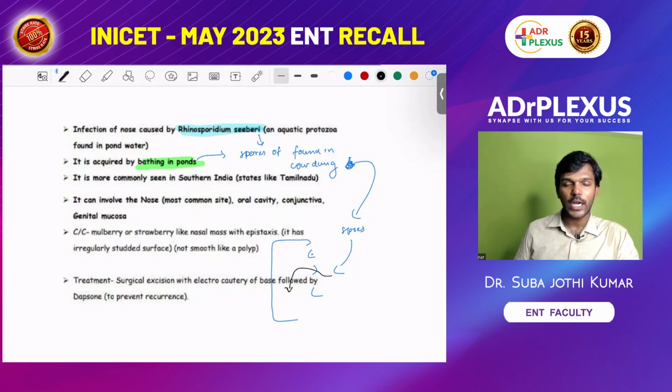In this way, Rhinosporidium seeberi spores, with the help of the cow, enter the nasal cavity by bathing in ponds. So where are ponds widely available in India?